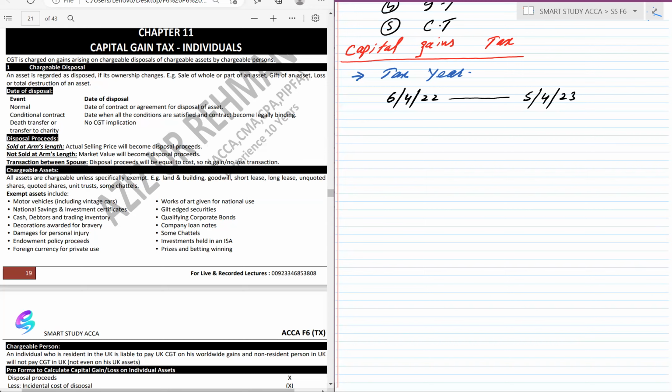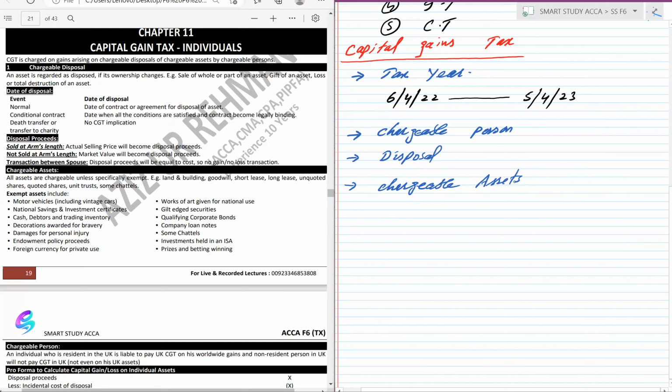Now, there are a few terms which we should remember. Capital gains tax will arise when a chargeable person makes a disposal of chargeable assets and realizes a chargeable gain.